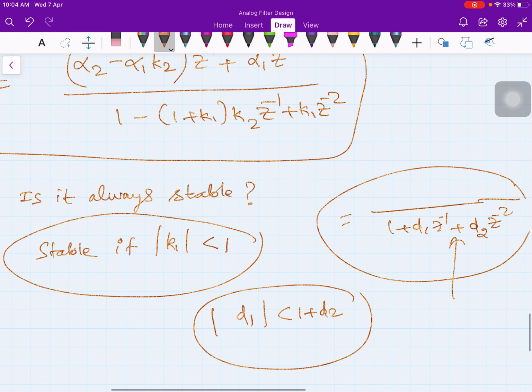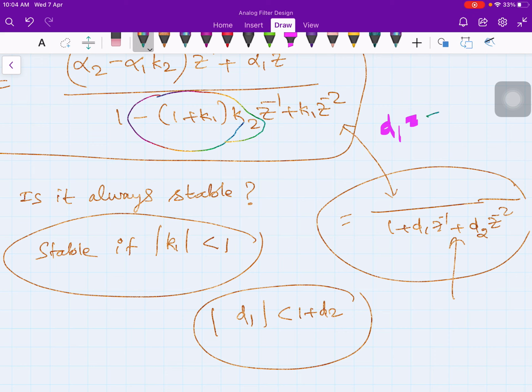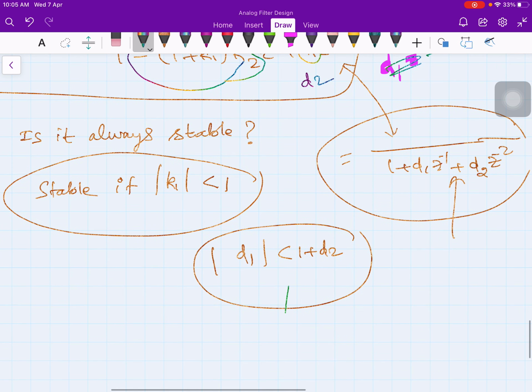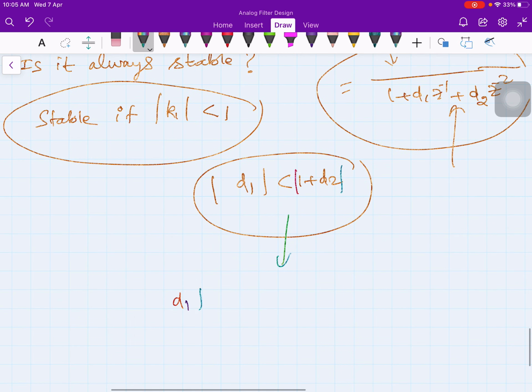So compare this and that. What is d1 in this? d1 is equal to minus this coefficient. So d1 is equal to minus of 1 plus k1 times k2. And what is d2? This is d2. So substitute in this relation: modulus of d1 less than 1 plus d2.